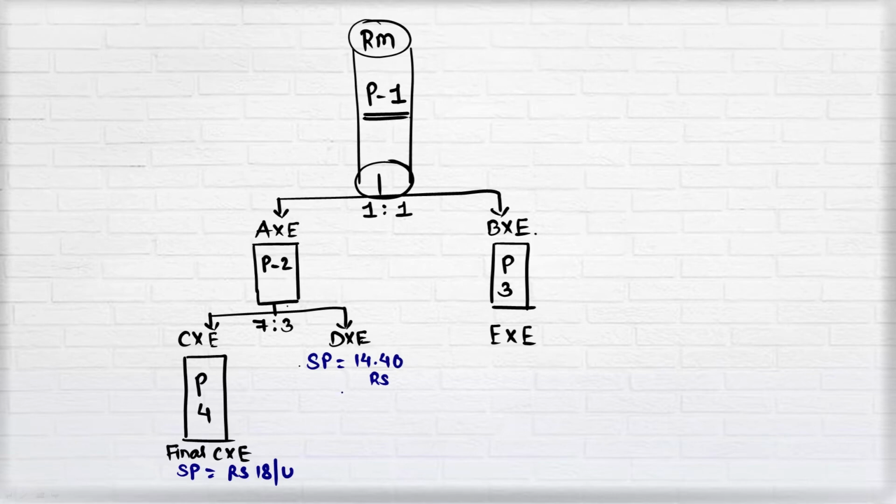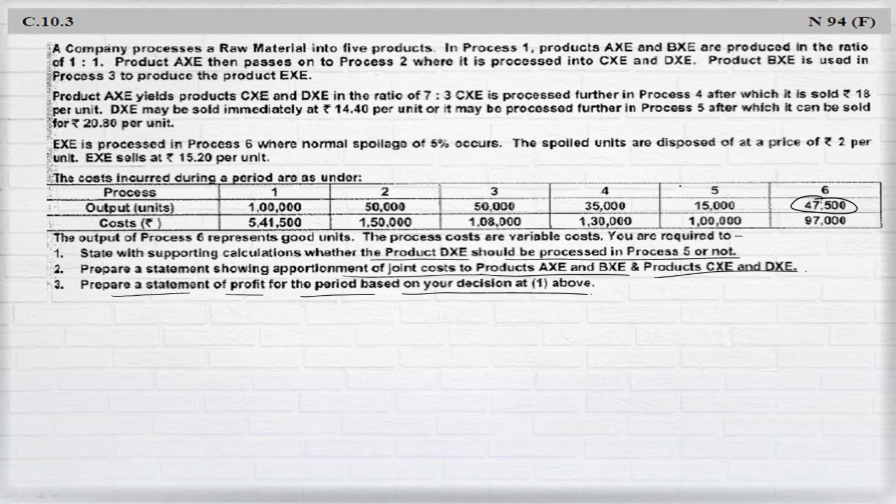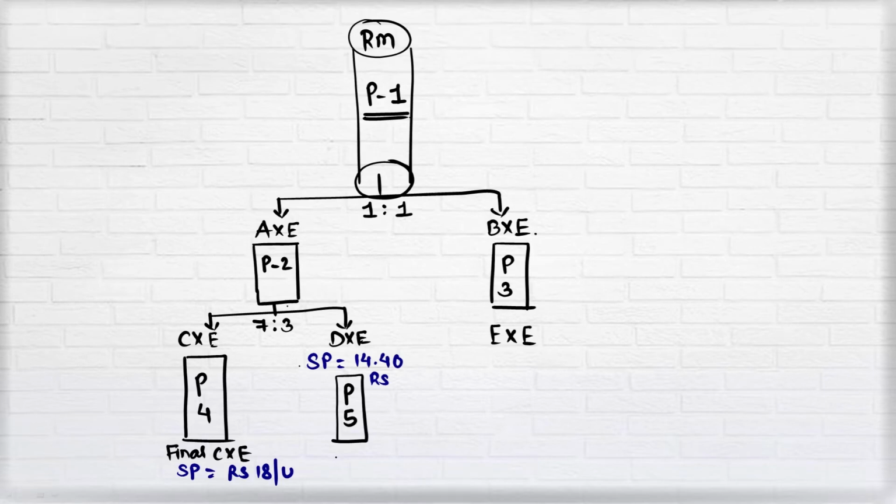Okay, so this process we have not drawn, but we can draw it. This will be process 5, after which it can be sold at rupees 20.80. So after which the selling price will be 20.80.